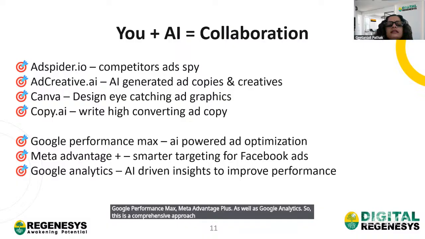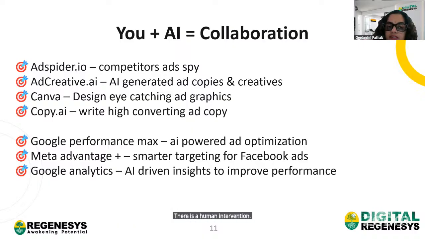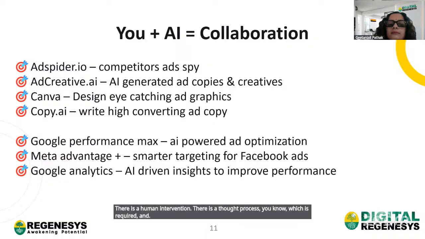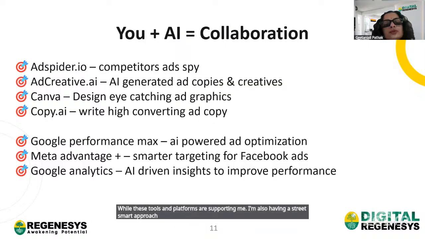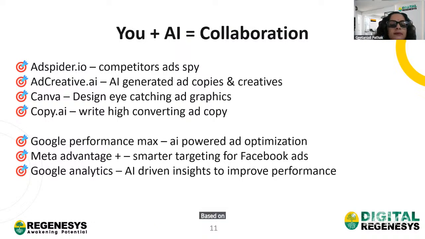Even if I'm using an AI tool or platform, there is a strategy, there is human intervention, there is a thought process which is required. And while these tools are supporting me, I also have a street-smart approach based on the requirements of my brand, product, service, or the kind of situation I am in as a digital marketer.